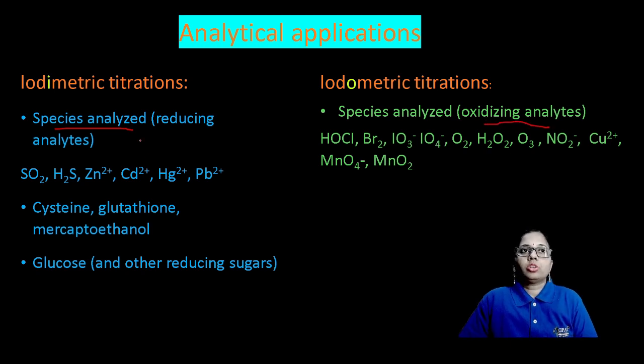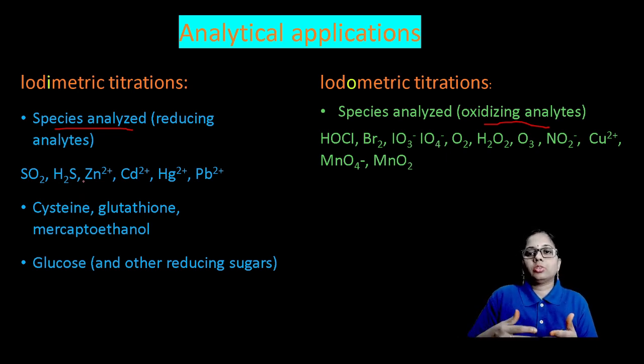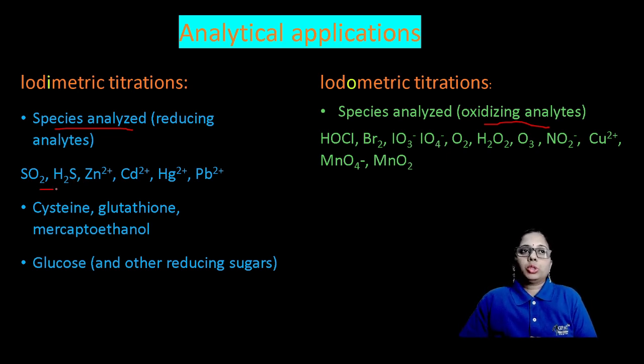Examples of reducing analytes, the species analyzed, where oxidation takes place here: SO2 (sulfur dioxide), hydrogen sulfide, zinc, cadmium, mercury, lead. All these estimations use iodimetry, because these are reducing analytes.